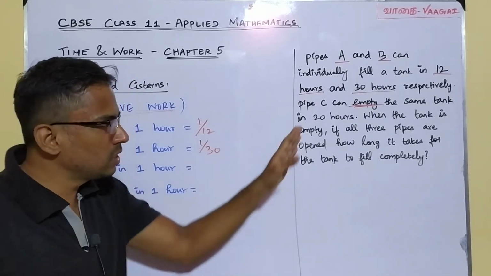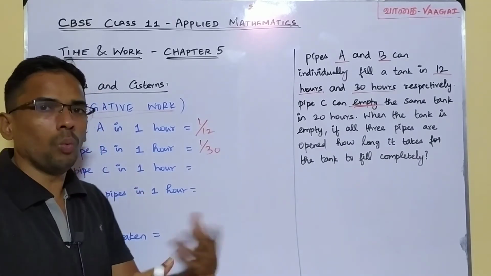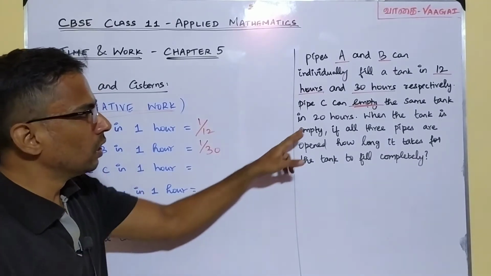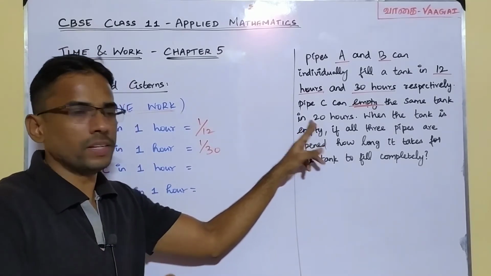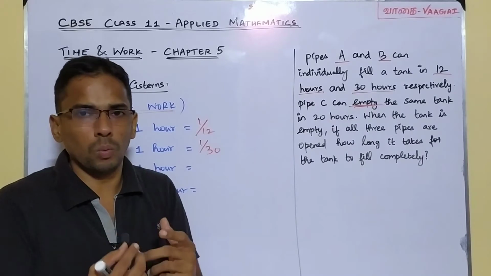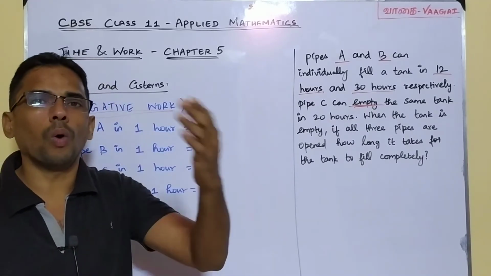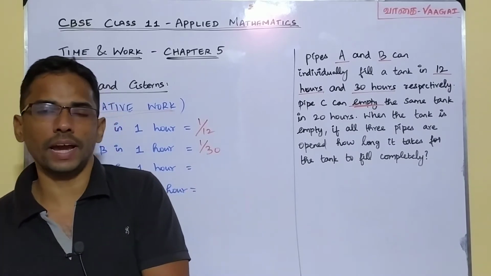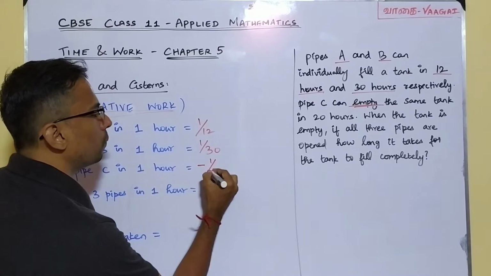In that case, pipe C in 1 hour will do what? It takes 20 hours to drain all the water. So in 1 hour, pipe C will be taking away 1/20 of the water outside. In that case, I should put a minus 1/20 here.